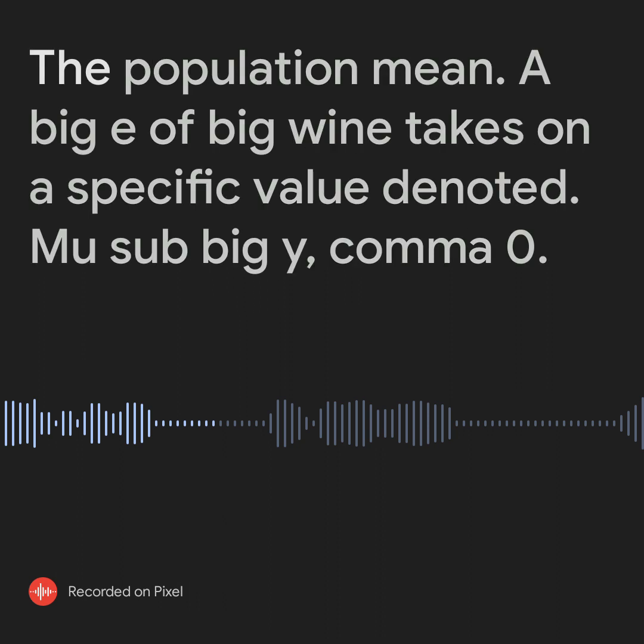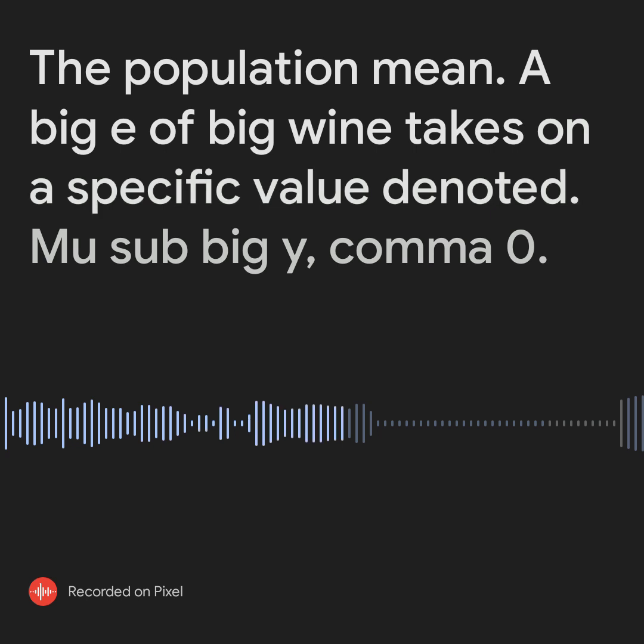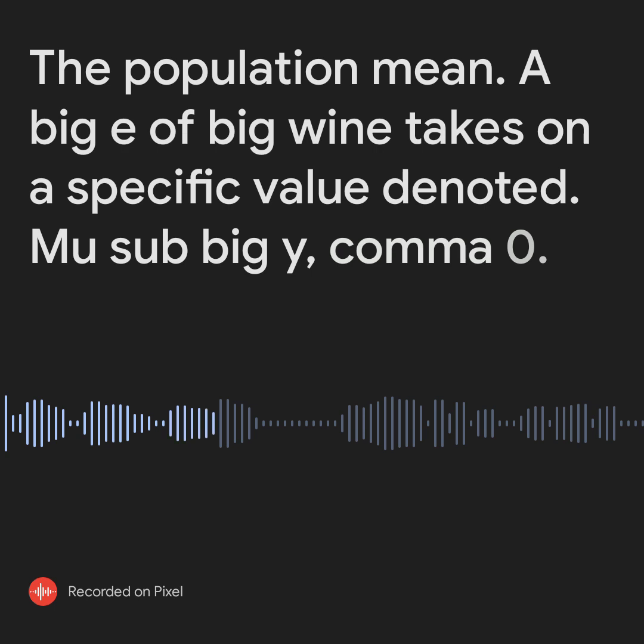is that the population mean, E(Y), takes on a specific value denoted mu sub Y,0.